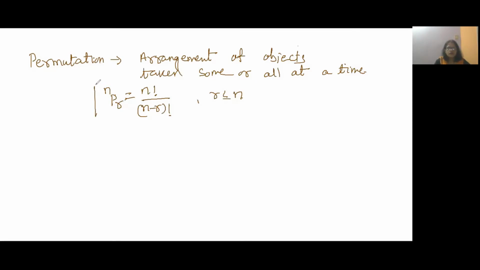Right? So from this statement what we can conclude is that permutation is basically arrangement of objects, and because of this arrangement quality we use permutation in various ways.